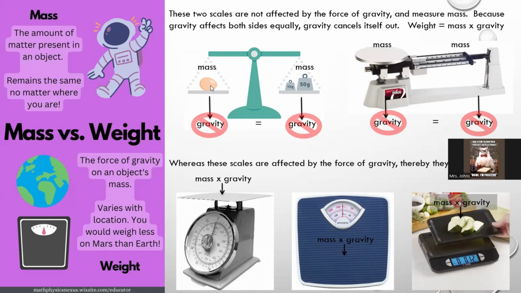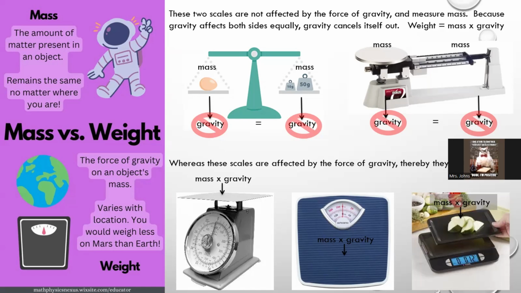So this egg is the equivalent of 60 grams, and whether you did this on Earth, on the moon, or wherever you were, it would still say that egg was the same mass as those 60-gram weights.